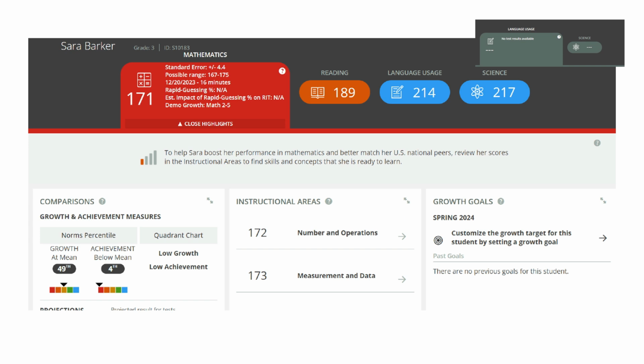Below that, it will show the date in which the student took the assessment and also how many minutes the student spent on the assessment. The average at the time of this recording is 45 minutes for each of the assessment areas. Rapid guessing percent: there's an algorithm within the testing framework that will look at if students are clicking through the test too rapidly, selecting answers and clicking next at a more rapid than normal rate.